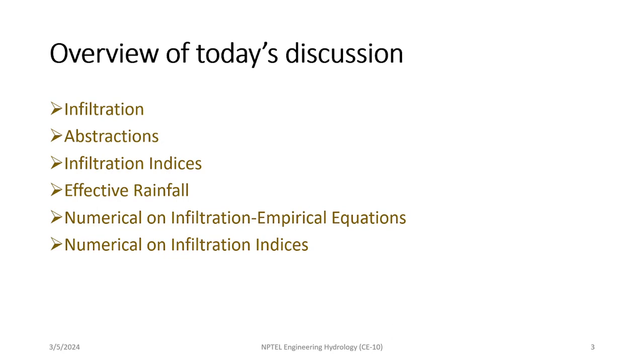Then we will try to understand the abstraction process, then infiltration indices. There are two major infiltration indices, phi index and W index. Based on this aspect we will be solving some numericals.